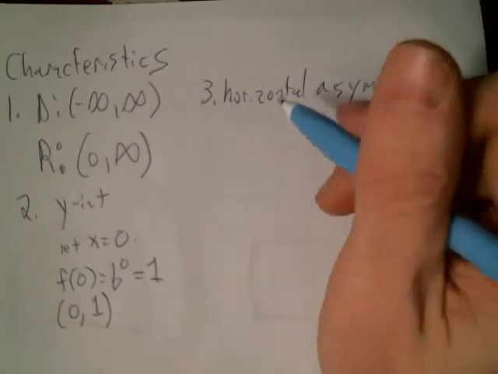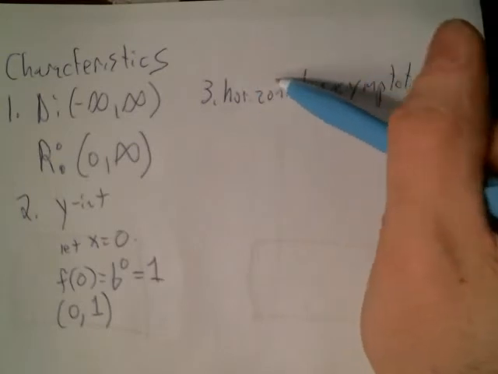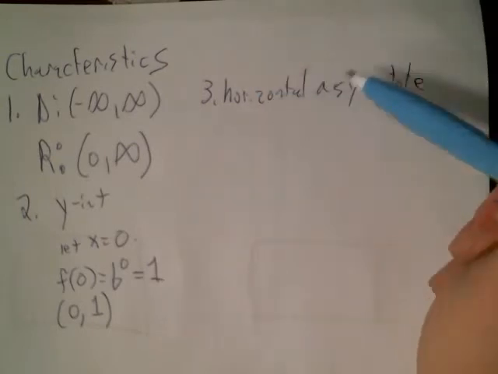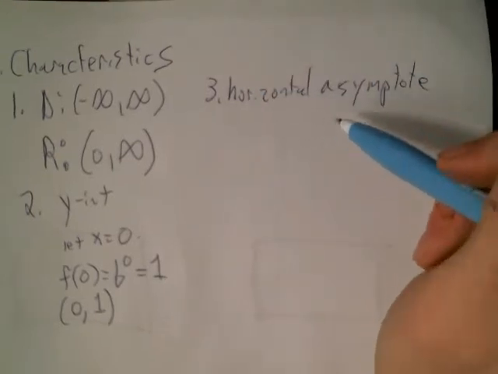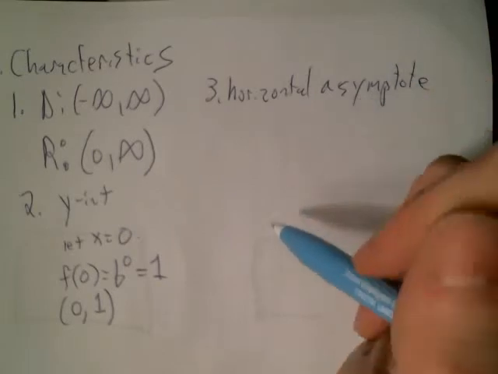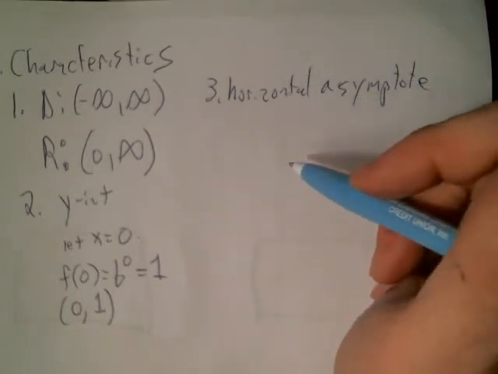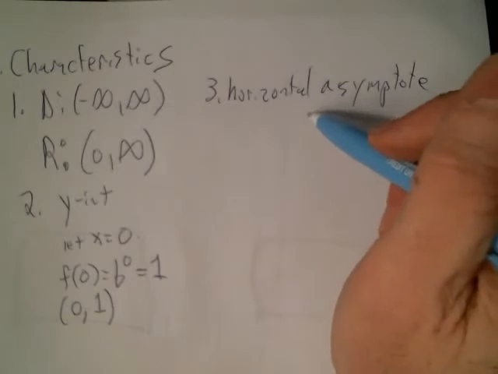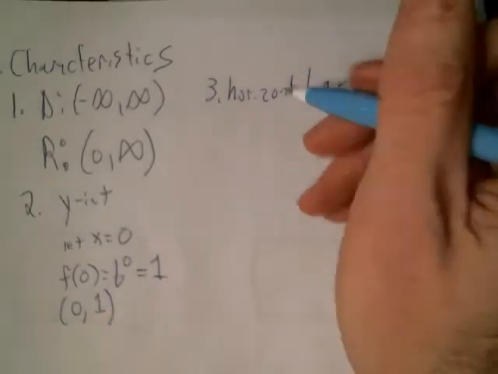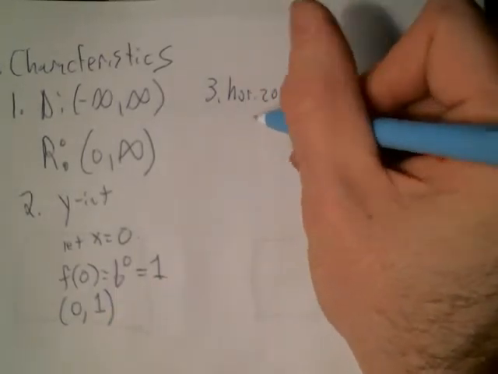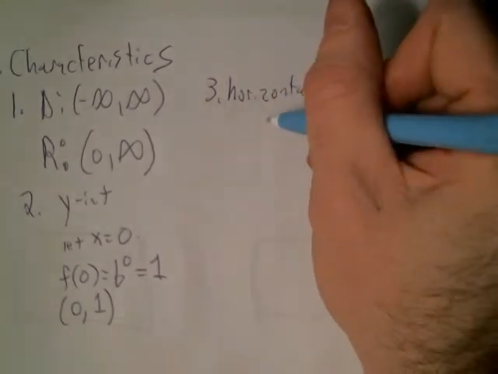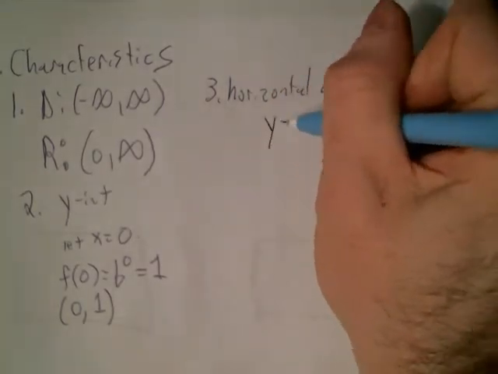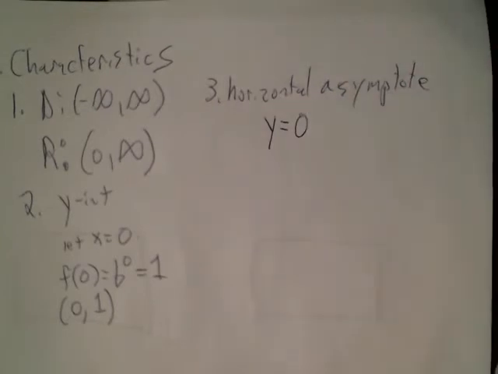It just gets really, really close. In some cases, when you're dealing with horizontal asymptotes, it can go through it. If you studied asymptotes before, you know the vertical ones, it's not allowed to go through a vertical asymptote. But horizontal ones, you can go through it, but in this case, it doesn't. So anyways, what is the equation for that? It's the x-axis, and the equation for the x-axis is y equals 0.